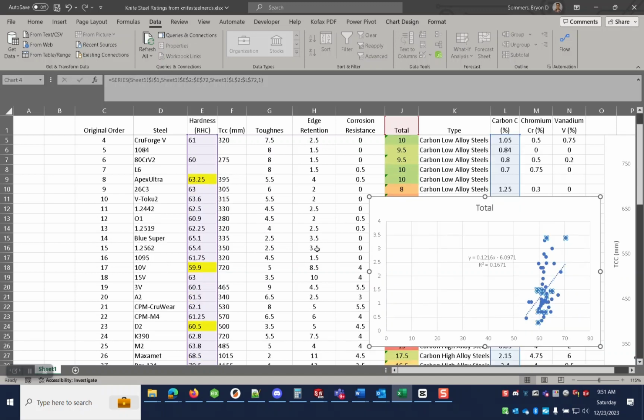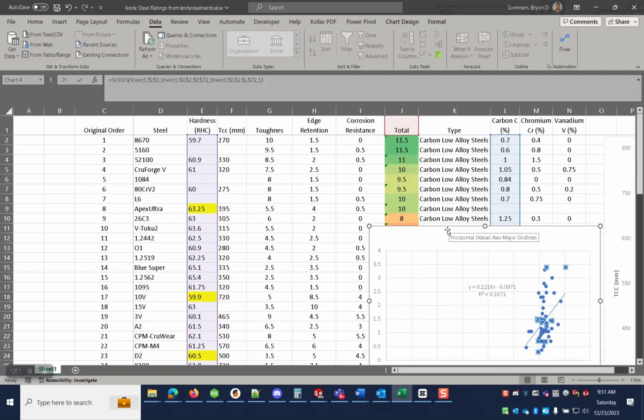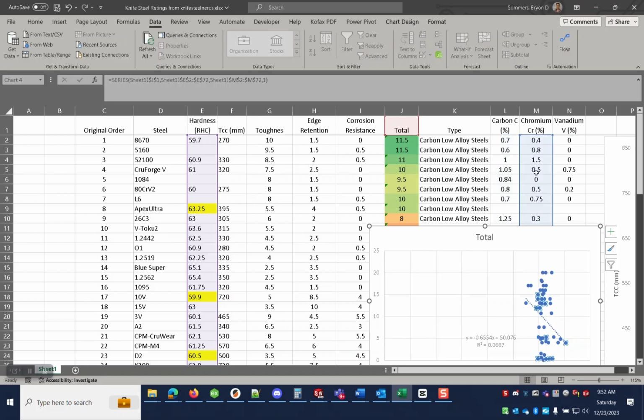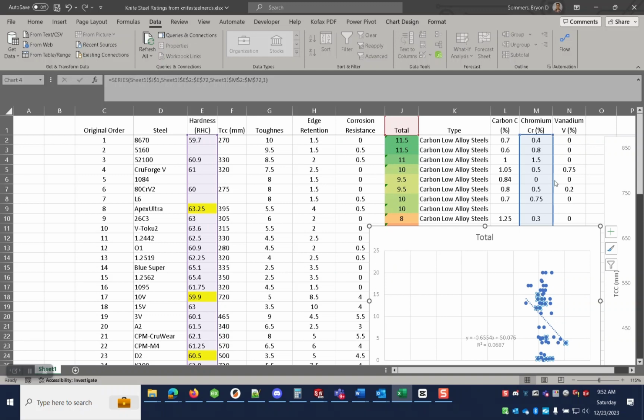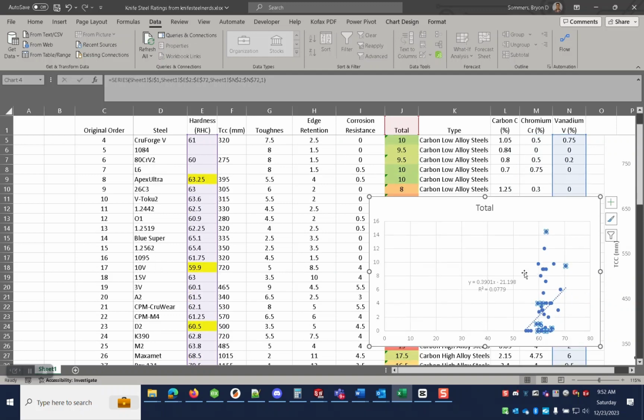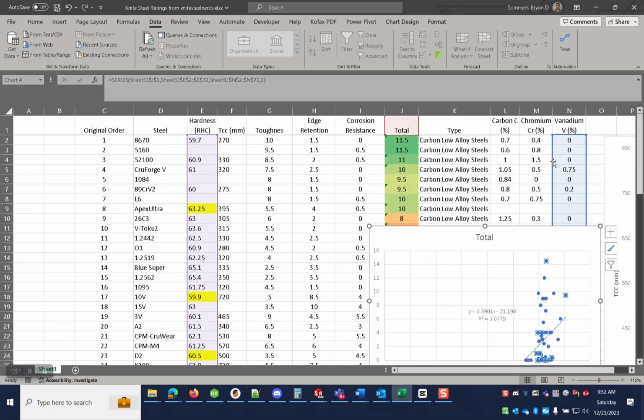It is somewhat of a positive relationship. Sorry, as the carbon content goes up, the hardness goes up. Chromium, no relationship, almost a 0. Vanadium, almost basically a 0.